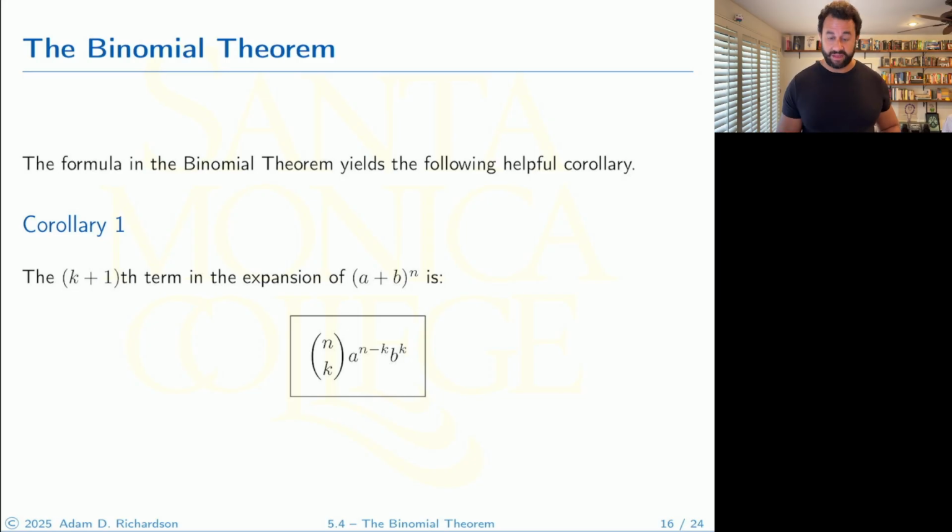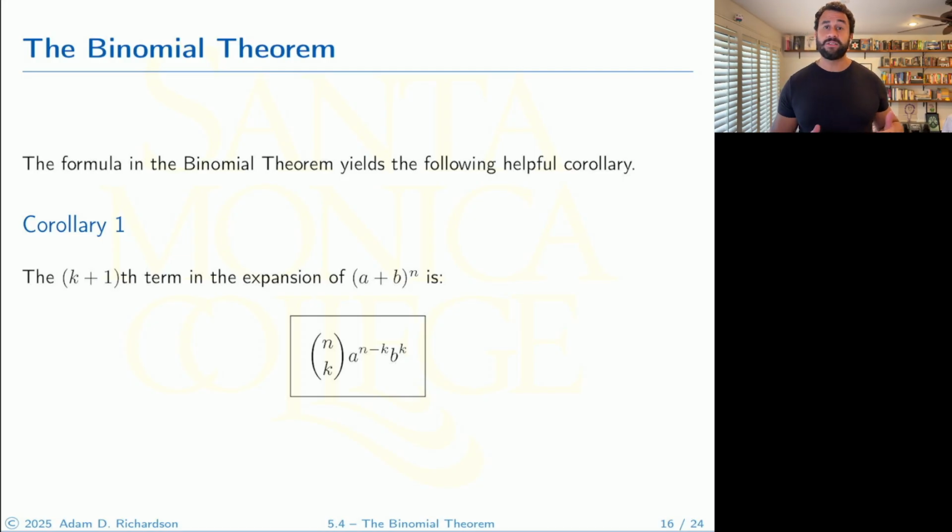Well, you can compute that because the terms follow this pattern. So the k plus 1th term is going to be whatever this expression evaluates to when you plug in your numbers for n, k, a, and b. All right. One little subtle detail there, it's the k plus 1th, and that's because k starts at 0 in that binomial theorem expansion.